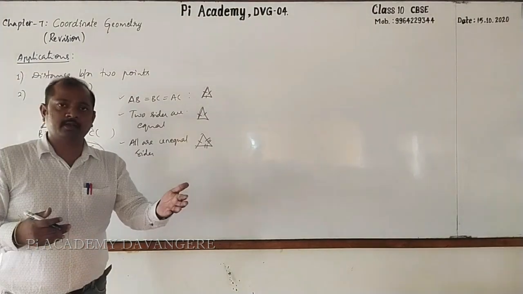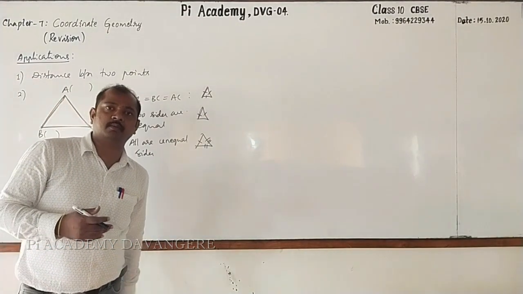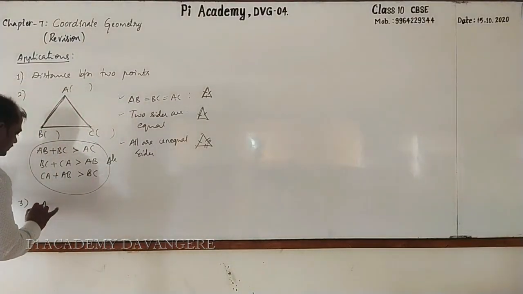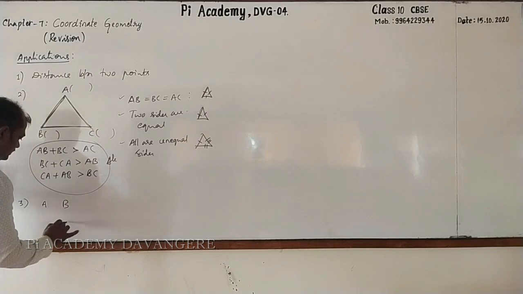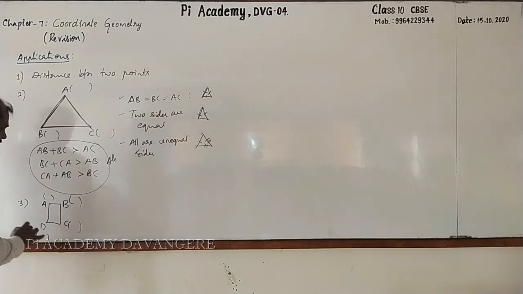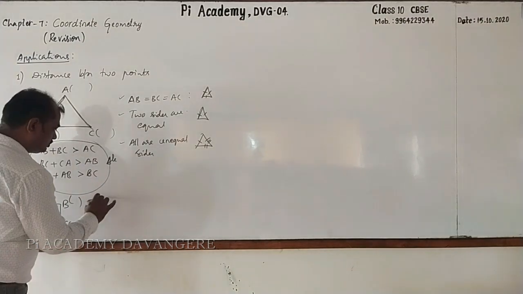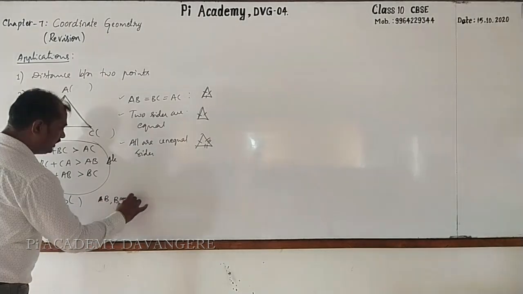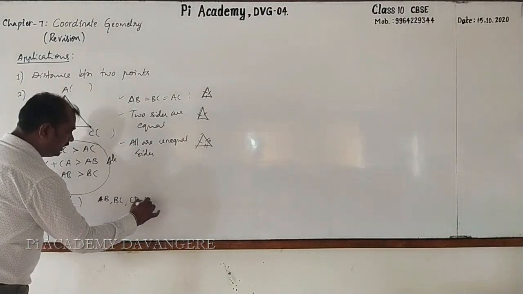Whether it is a parallelogram, rectangle, square, rhombus. It's very simple. Assume that the 4 points are A, B, C and D. Their coordinate points are also given. You will find out AB, BC, CD, DA.